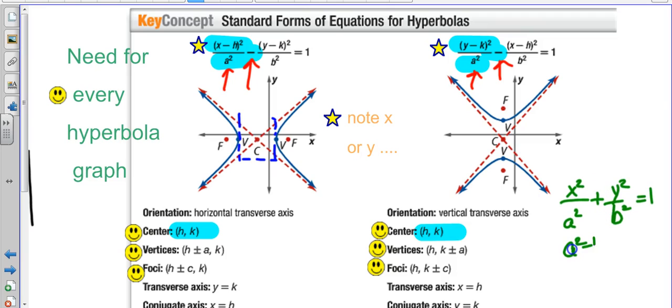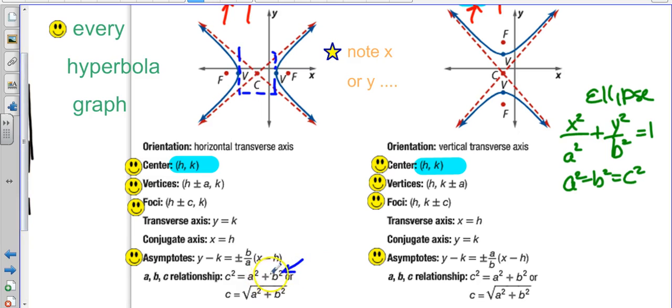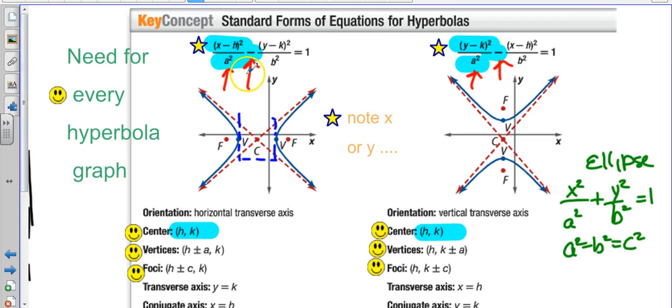You actually did a squared minus b squared to get c squared for an ellipse. Does that look familiar to anybody? Today, when it's a minus in the middle, to get c squared, you're going to do plus. It's down at the bottom there. Do you see it? So the sign switches.